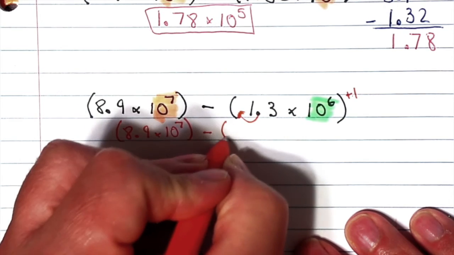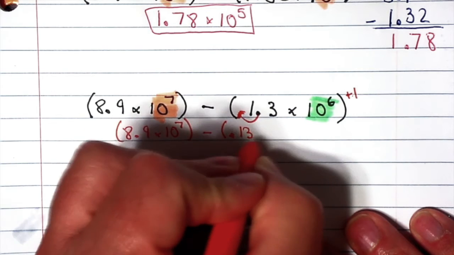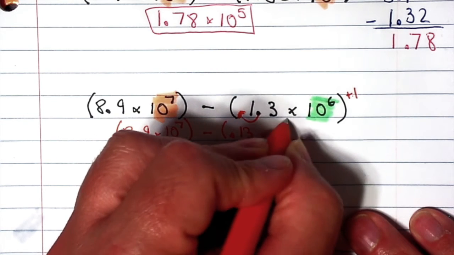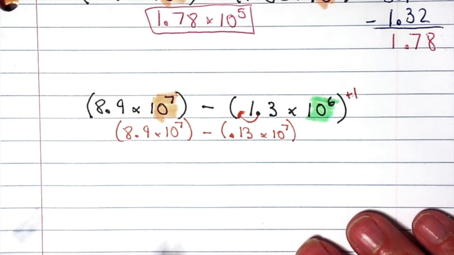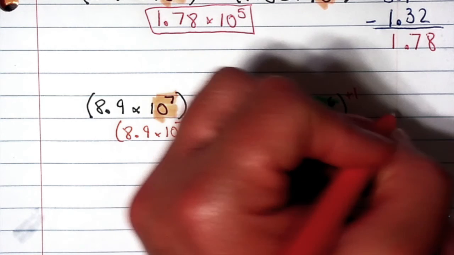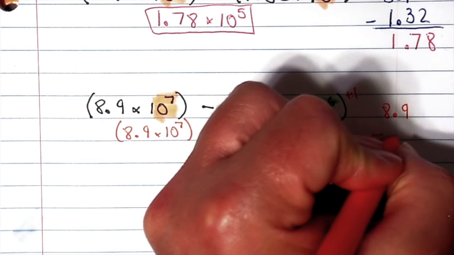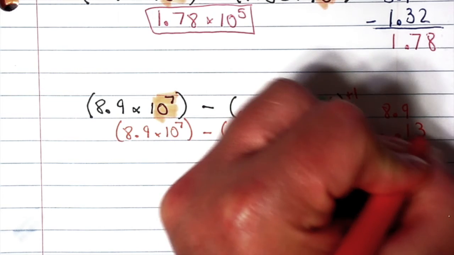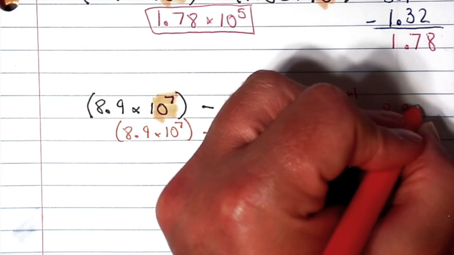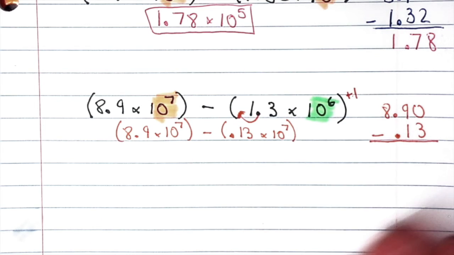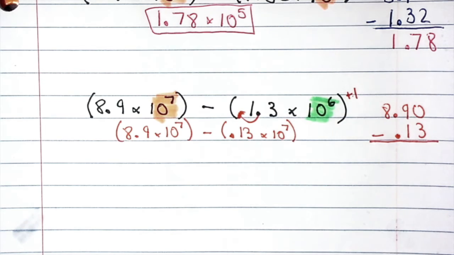minus 0.13 times 10 to the 7th. 0.89 minus 0.13. Again, I'm going to add that 0 in there because I need that place value.